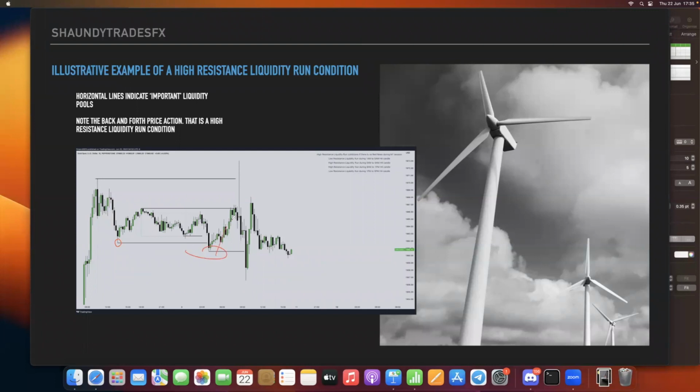Take it out, London goes up. News event, I think, takes the high out, sells off. London low, takes the low, goes up. So inside of high resistance liquidity run conditions, if there is enough of a range, it's completely safe for you to ping pong the market, but of course with reduced risk.